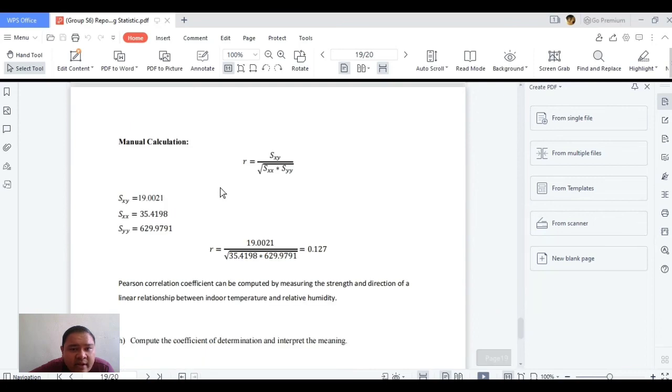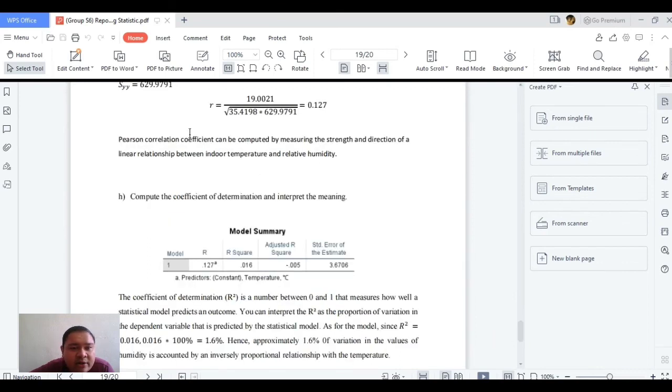So manual calculation: r equals Sxy over square root of Sxx times Syy. Sxy is 19.0021, Sxx equals 35.4198, Syy equals 629.9791. We will get 0.217, is 0.127. So the meaning is the Pearson correlation coefficient can be computed by measuring the strength and direction of a linear relationship between indoor temperature and relative humidity, in a positive sign.